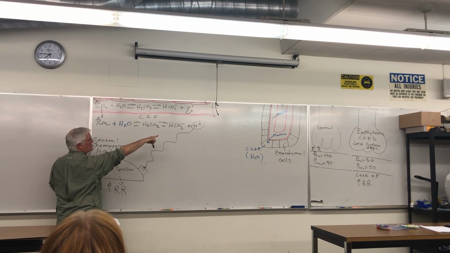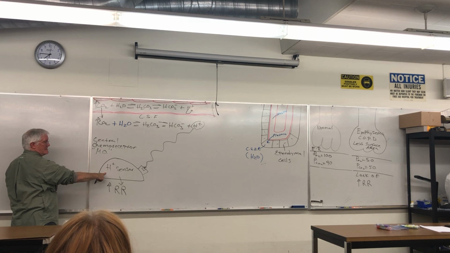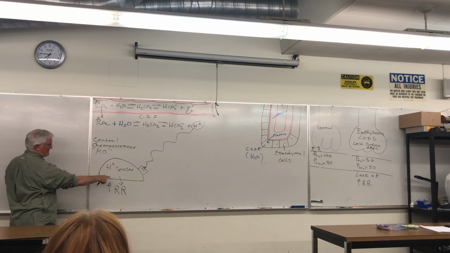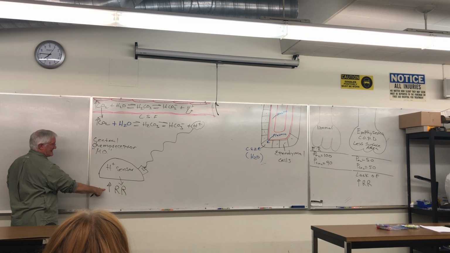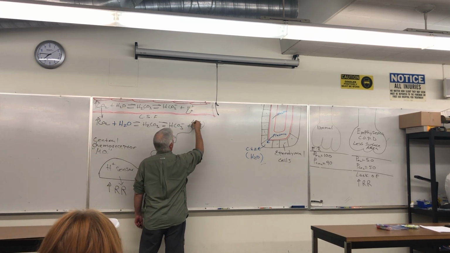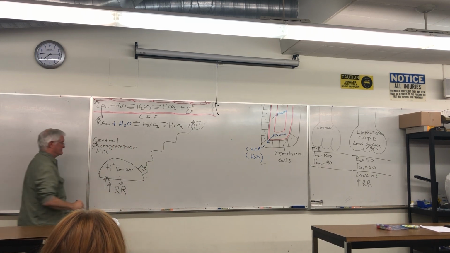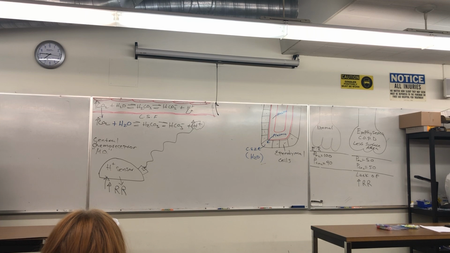Yes. Will I have more hydrogen ions to be detected by my hydrogen ion sensor? Yes. Are they breathing more? Right, because it's sensing hydrogen ions. So with an increase in hydrogen ions, I will get an increase even more so of respiration rates.